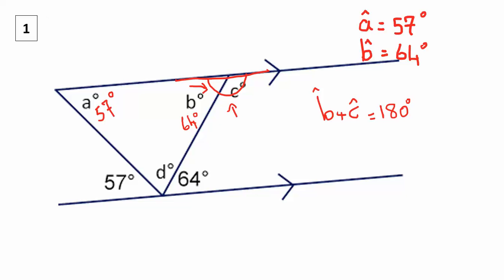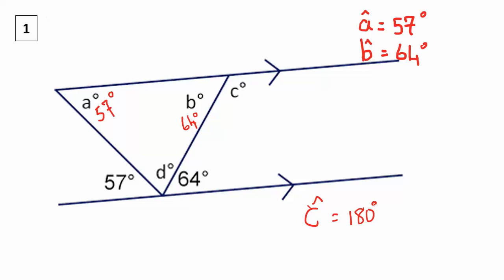So let me just get my eraser. We can get rid of this. Just rub it all out. There we go. And back to that. So angle C is going to equal 180 degrees minus this angle that we found earlier, angle B, 64 degrees, which will give us a size of 116 degrees.